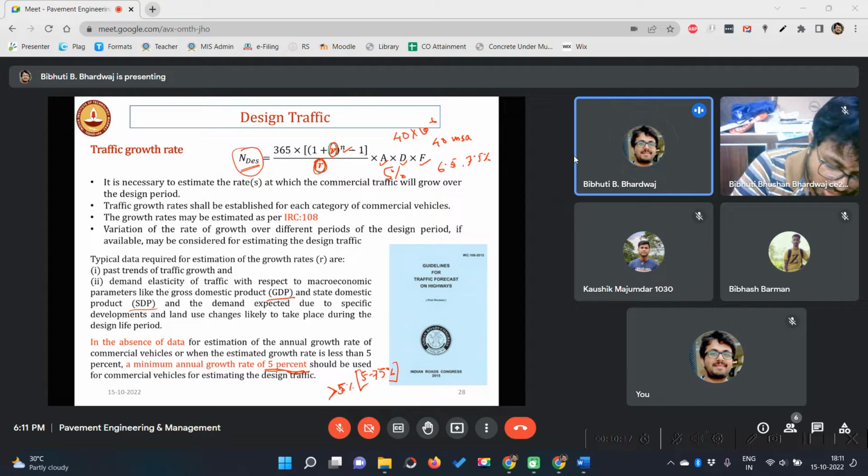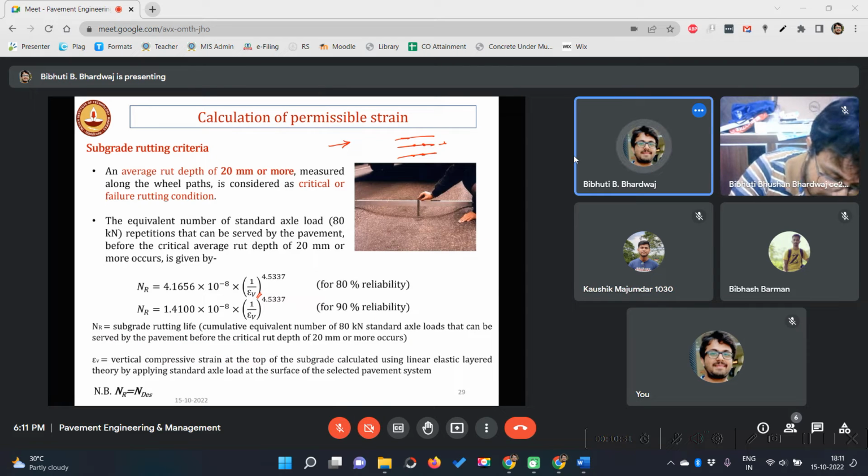Now, if you know that 40 into 10 to the power 6 axles should pass without failing the pavement, then what should be the permissible strain at these points?